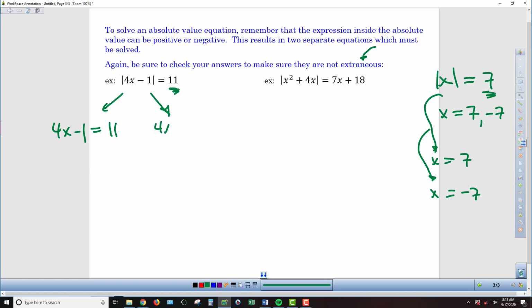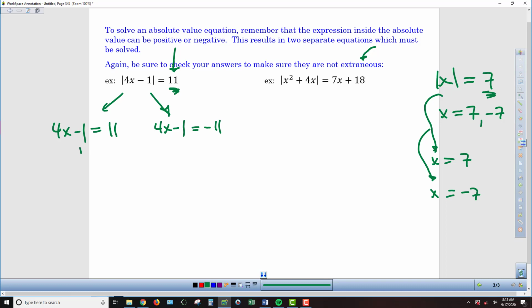But also, what's inside that absolute value could also turn out to equal negative 11, because then I would apply the absolute value and then it would turn it into a positive. So this is what I mean by splitting the problem into two separate equations that we're going to solve. So we're going to take whatever's inside the absolute value and set it equal to the positive and negative of whatever we have on the other side.